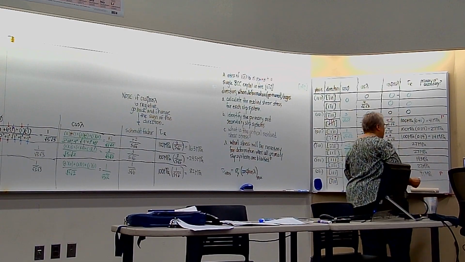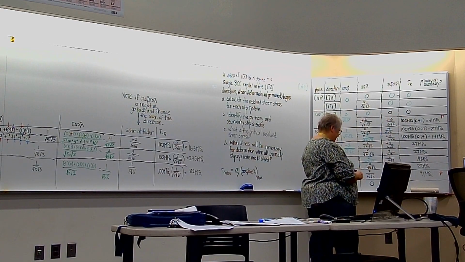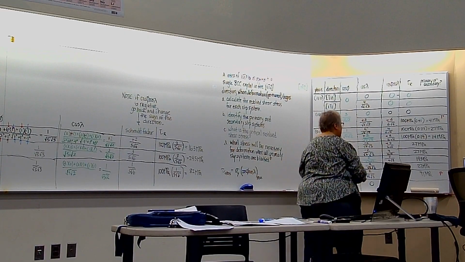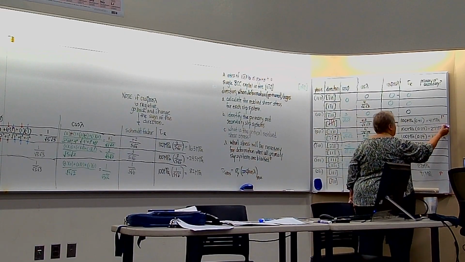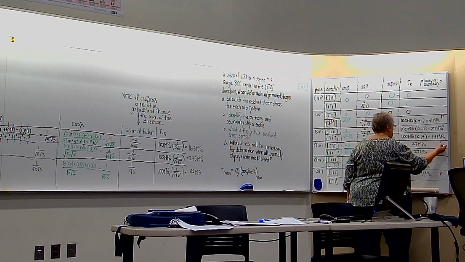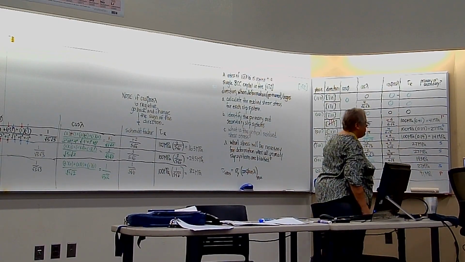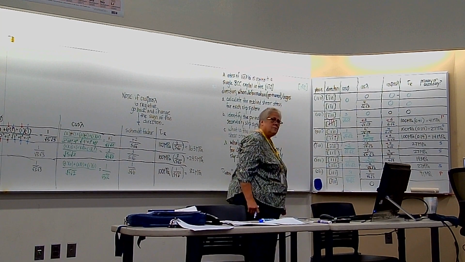And the ones with the second highest resolved stress are the secondary systems. There's always more of those than there are primary. That makes sense.